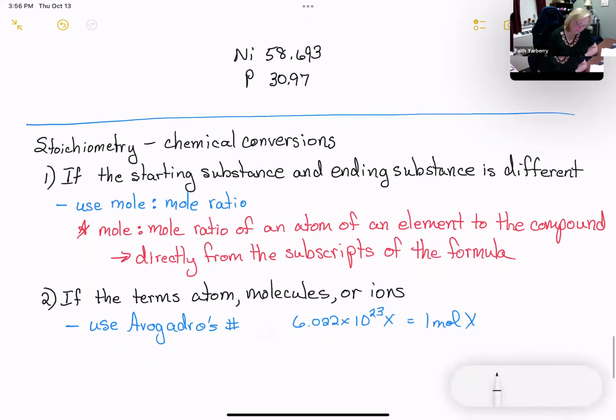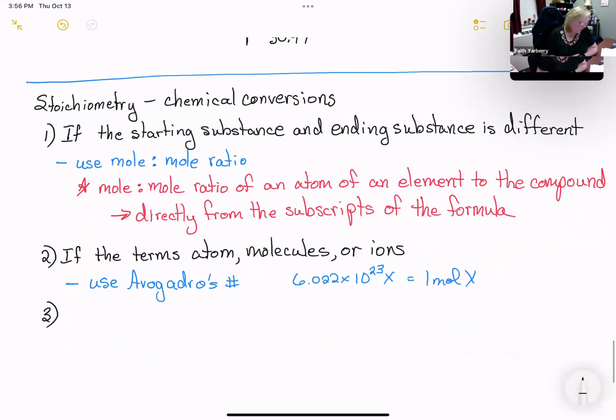Finally, the thing that I look for is if grams is a unit of interest, or technically other units of mass, it could be kilogram or whatever, but if grams is involved, then that is my cue that I will be needing to use the molar mass for that compound or that element at some point.